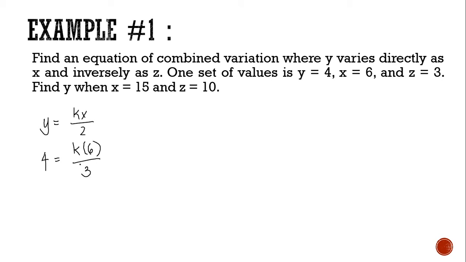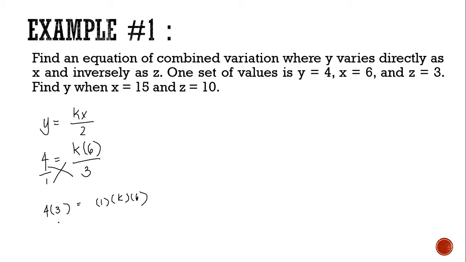In order for you to solve it quickly, you may do cross multiplication. You may multiply this by this one. And we all know that when we are talking about a whole number, there is an imaginary 1 in its denominator. That 1 will be multiplied on the numerator of the other fraction. So that will be 4 times 3, that is 4 times 3 is equal to 1 times k times 6.